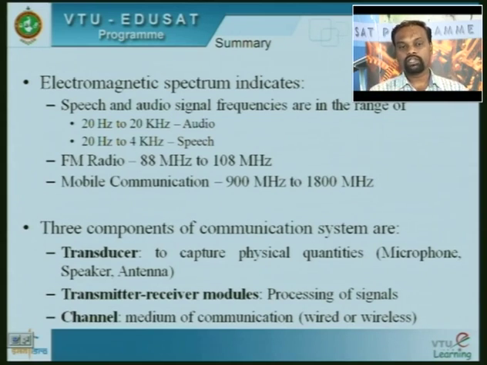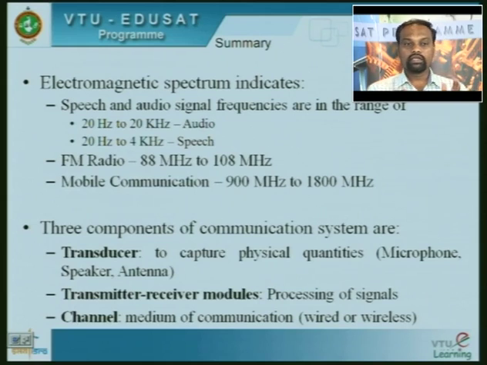Now the received data will be processed by the receiver module, and that electrical signal has to be converted back to your physical quantity. We again use a speaker, which is also a transducer, or we simply call it an actuator. So a transducer is a very important module in a communication system.